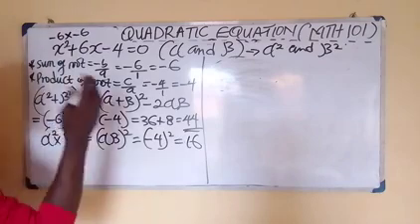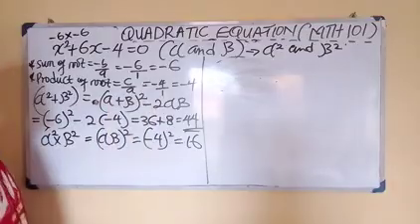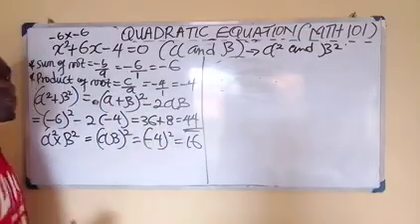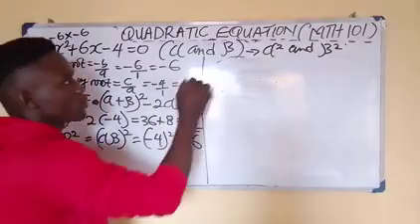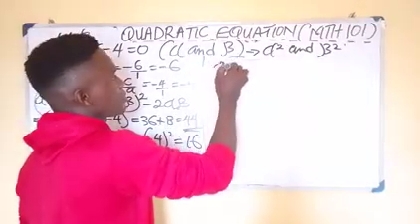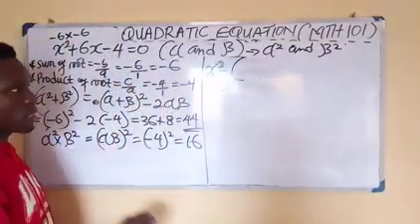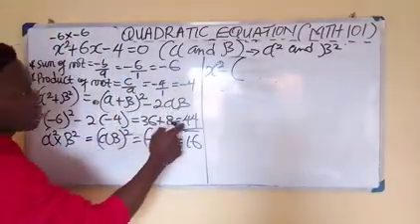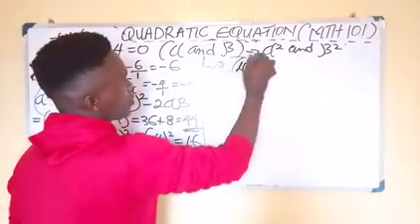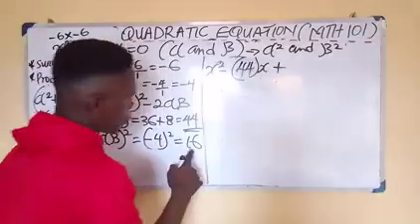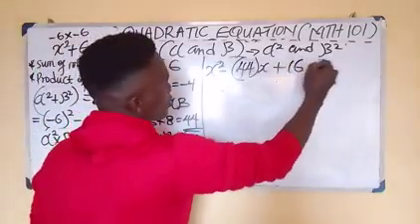So I've gotten the sum as this, the product as this. Now what becomes the new quadratic equation? Don't forget x squared, then minus sum of roots. I don't want to write out the formula because of time. Sum of roots, we got 44, then x, then plus product of roots, we got 16, all equal to 0.